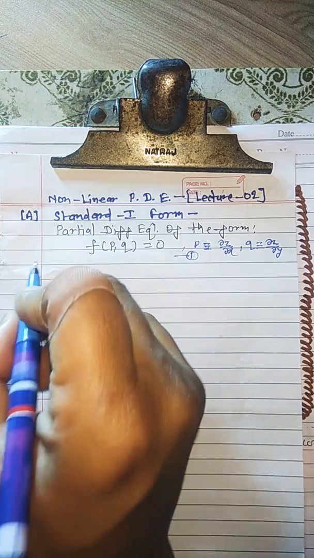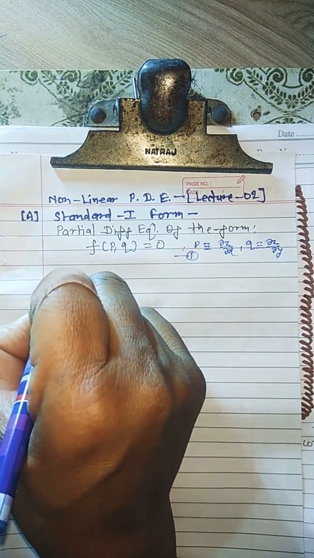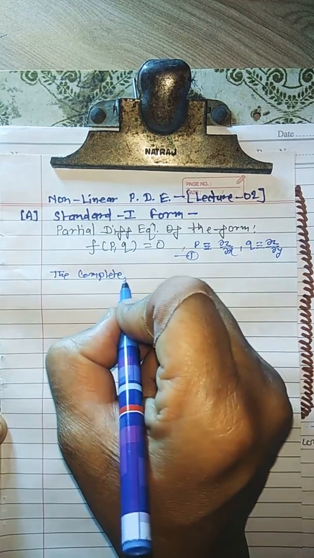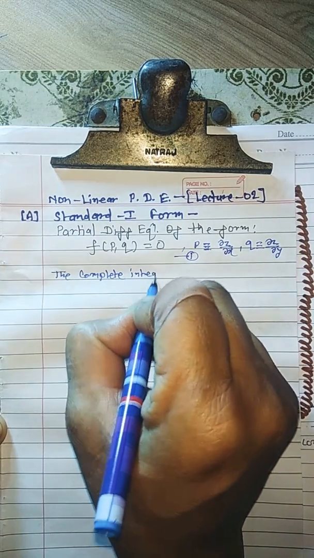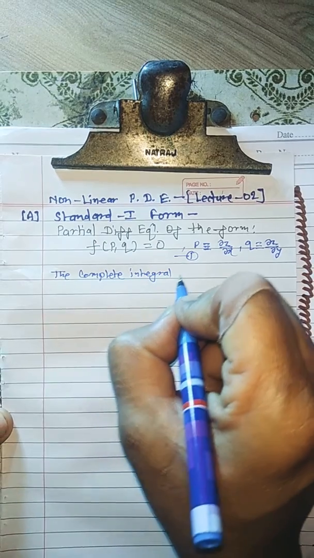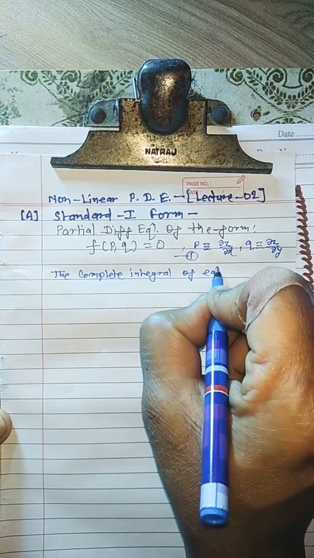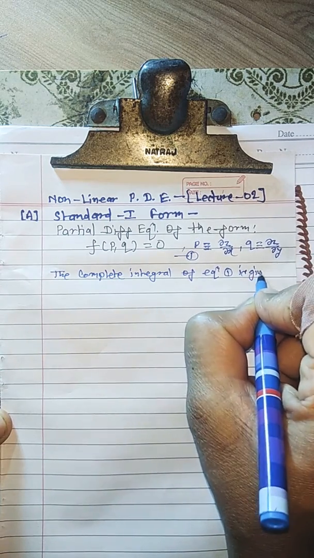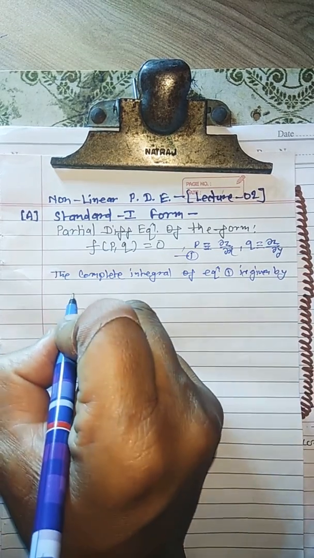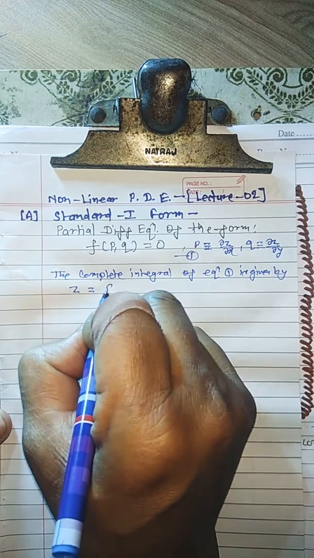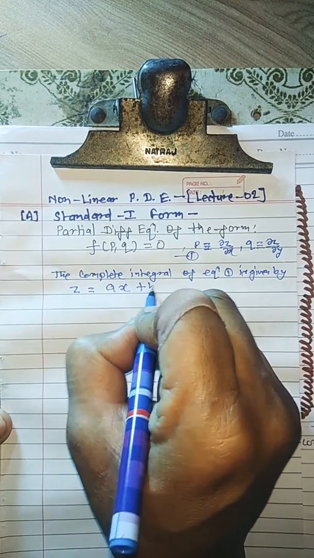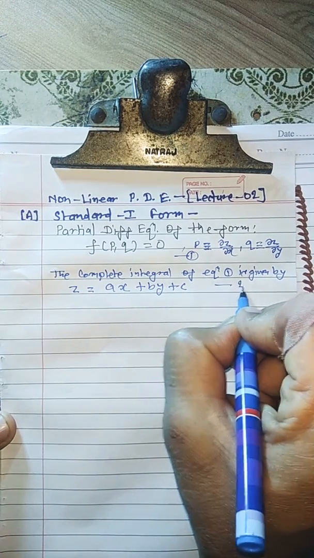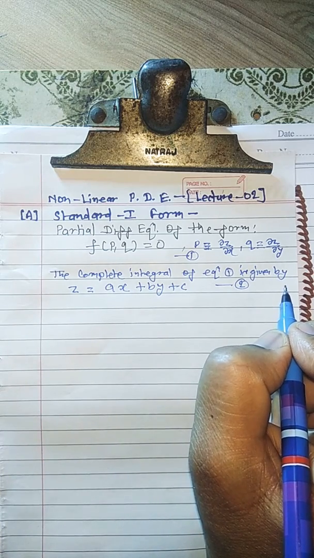The complete solution, the complete integral of equation 1, is given by z = ax + by + c. Suppose this is equation number 2.